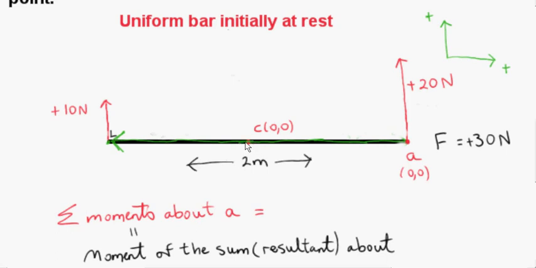Okay, so it passes through this point. So this is the vector minus 2 meters, because this point is to the left of the origin. So we have to multiply minus 2, the position vector, by plus 10. So that's going to give us minus 20.